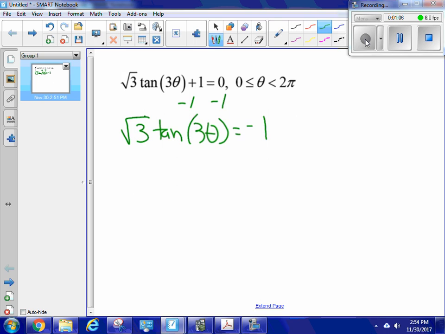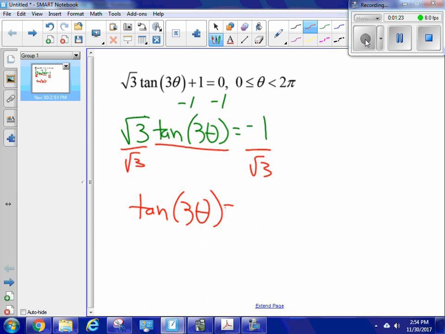And again, I'm trying to get theta all by itself. So I'm going to start by getting tangent 3 theta all by itself, and I'm going to divide both sides by radical 3. So I have tangent 3 theta is equal to negative 1 over radical 3. Well, this is kind of a tough problem because I could probably figure out where tangent theta is equal to negative 1 over radical 3.